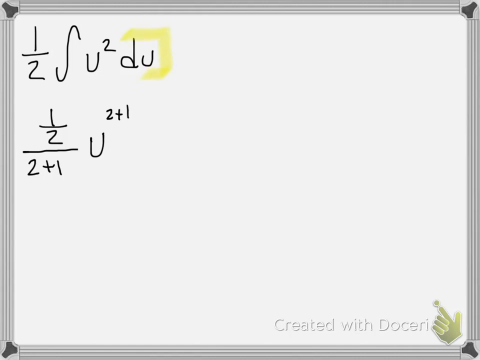And since we've just taken the antiderivative, our du will go away. And we're going to have plus a constant right out here. And so then that is going to be 1 over 2 all over 3 times u to the third plus a constant.